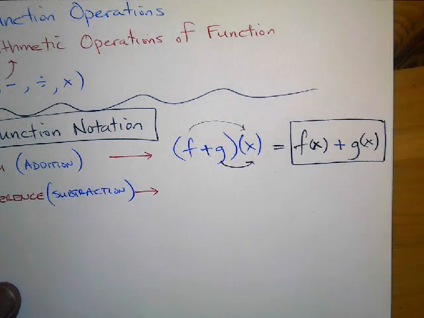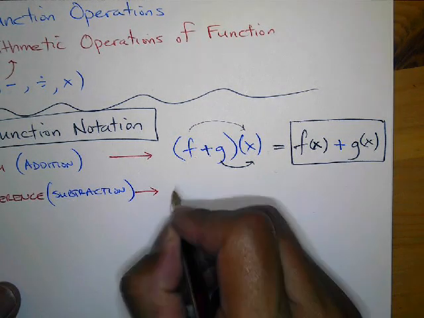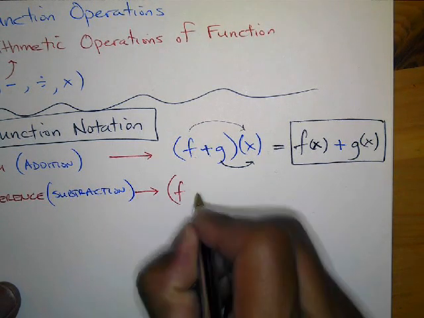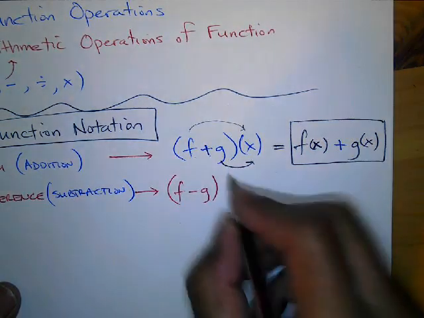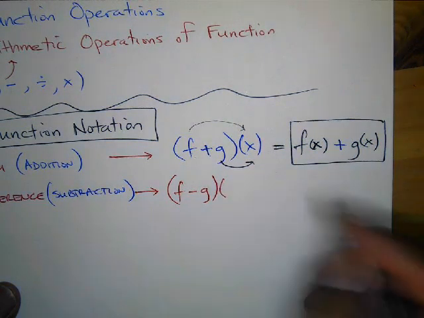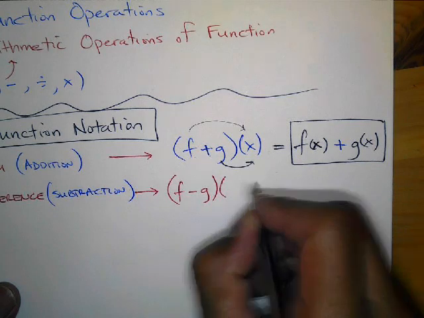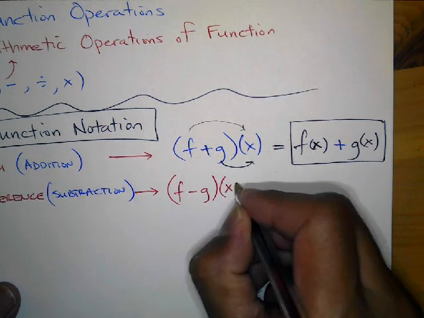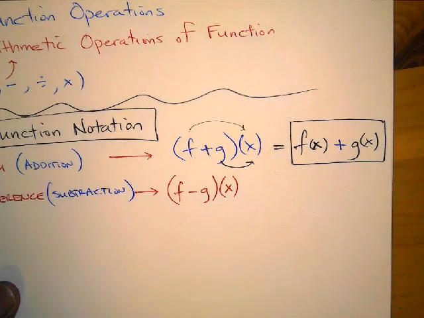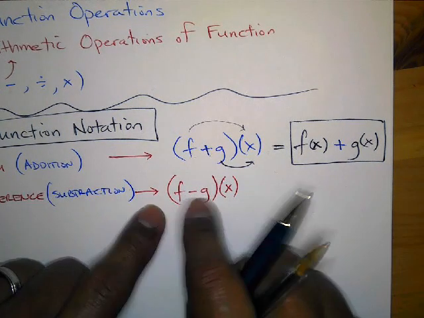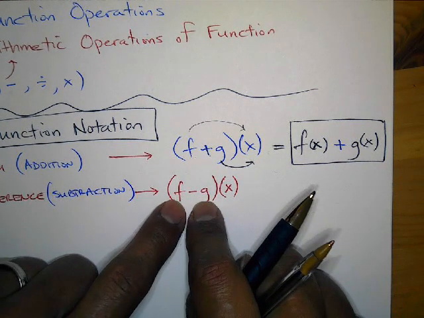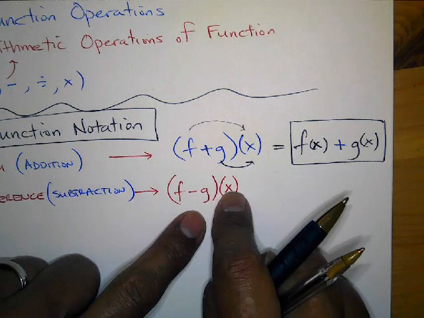And similarly with subtraction, you'll see something like f minus g in the parentheses like this, and then the variable over here. Sometimes they use n or x or whatever, but it doesn't matter. You look at it the same. So what if you see an f and a minus and a g, or whatever letter they choose?